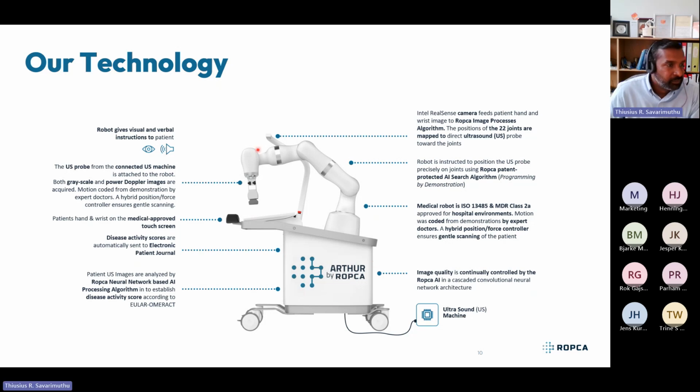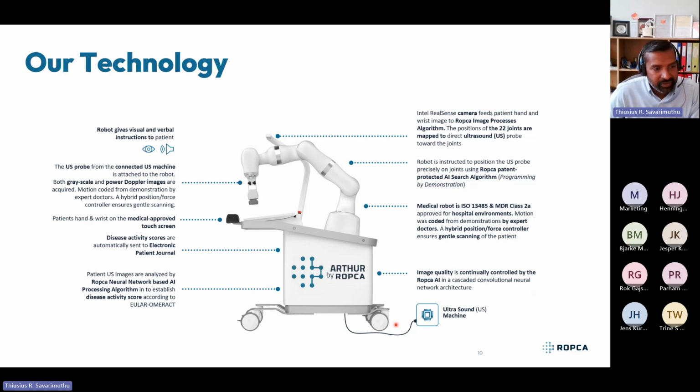On top of that, we have added the touchscreen, which gives us the ability to display instructions to the patients and communicate the process while being scanned.